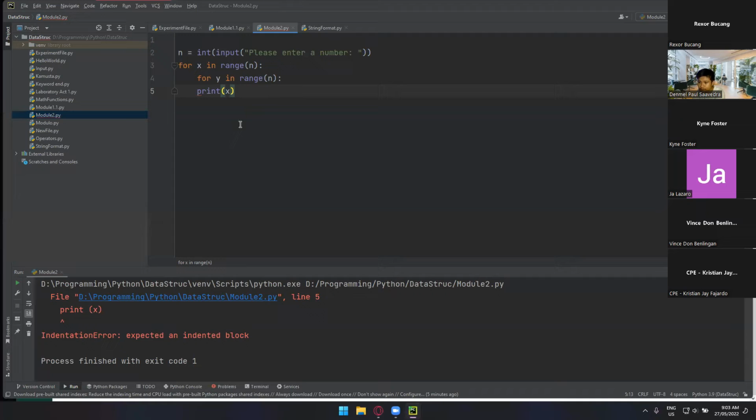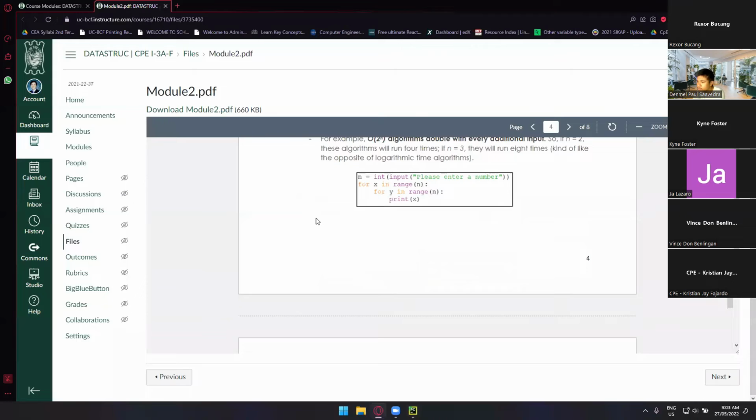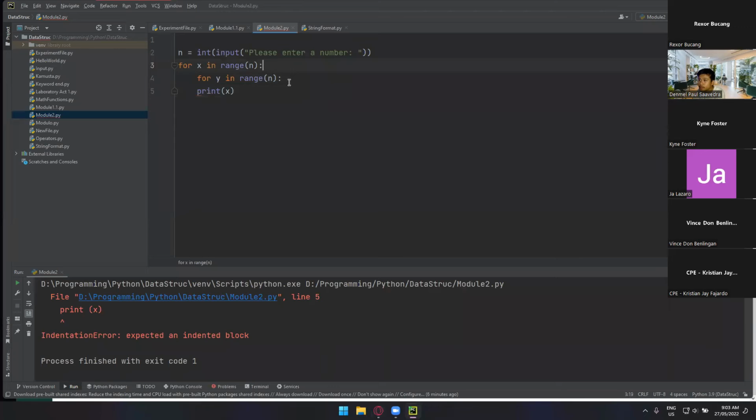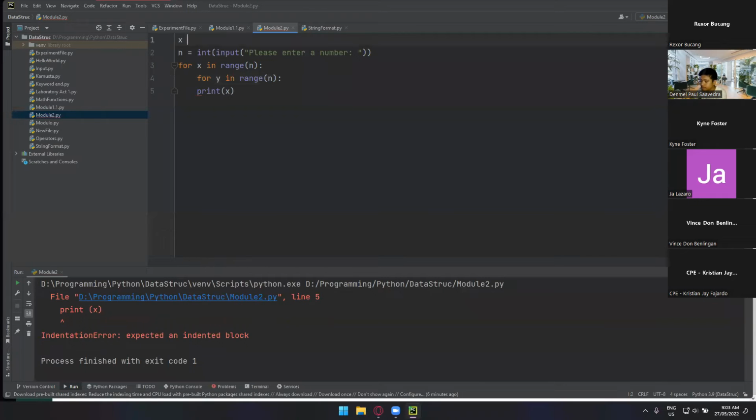What are we missing? Colon. The indentation.